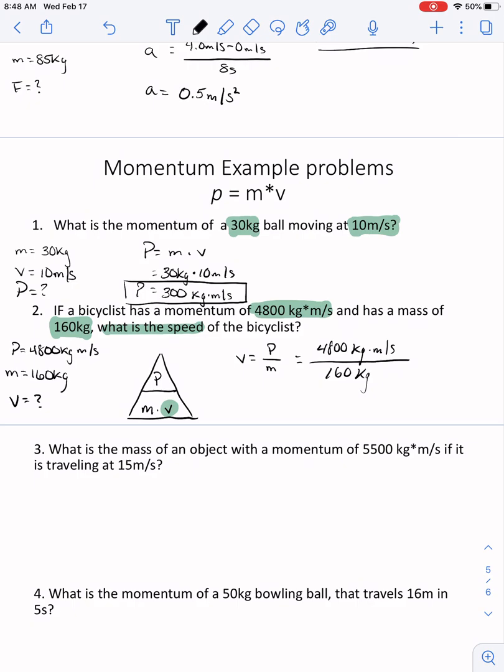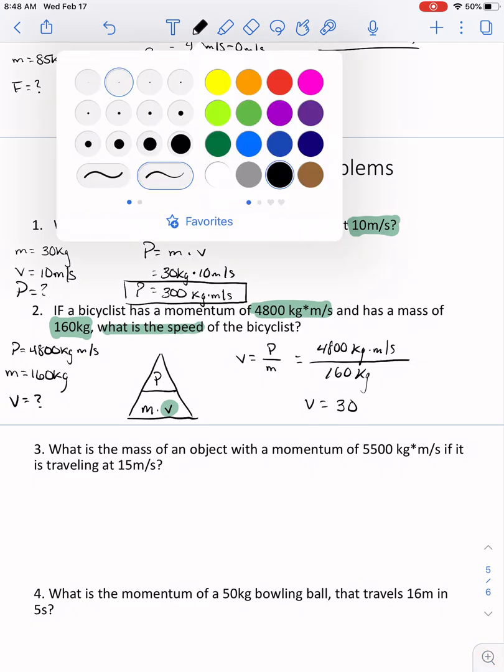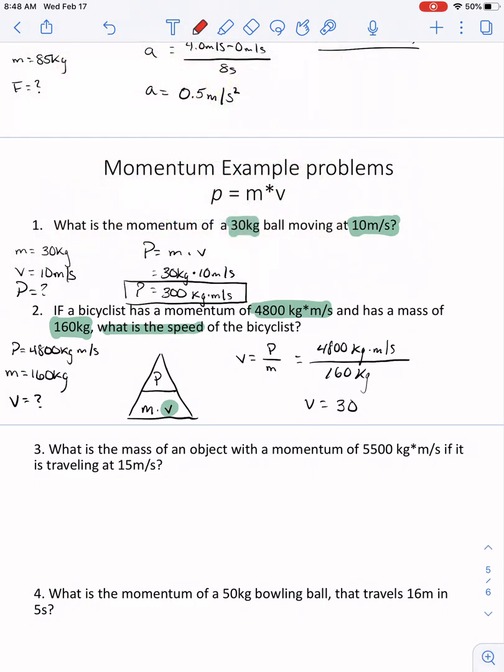That gives me a speed of 30. Here, kilograms cancel with kilograms, and you're left with just the speed unit in meters per second. And that's our answer.